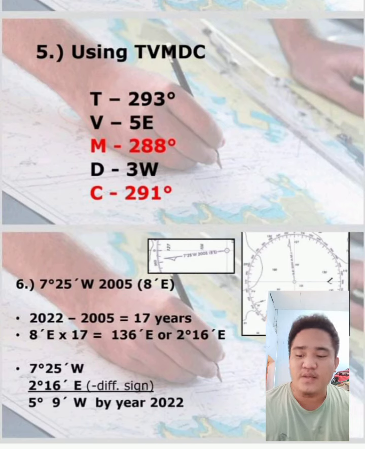We just need to subtract it so that we can get the magnetic. So the magnetic is 288 degrees and the deviation is 3 west. So we need to add the magnetic and the deviation to get the compass. So the compass is 291 degrees.